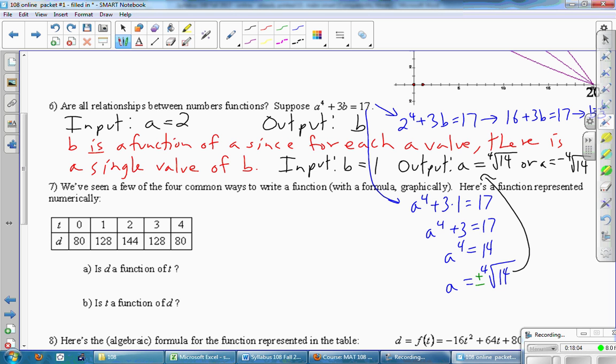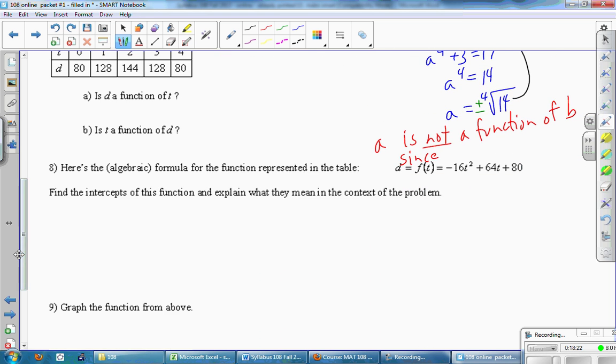And that means that a is not a function of b, since a single value of b led to two different values of a.